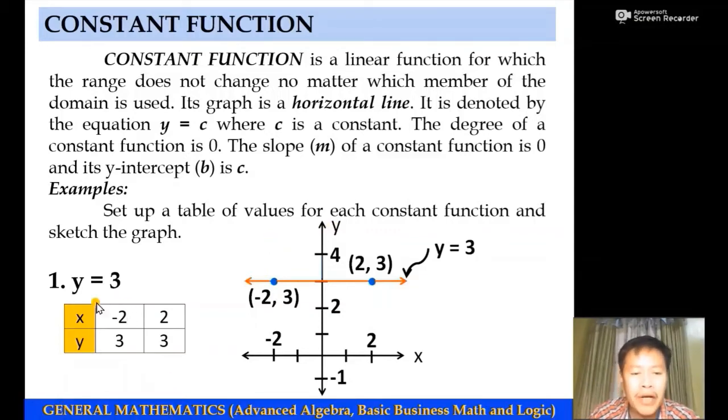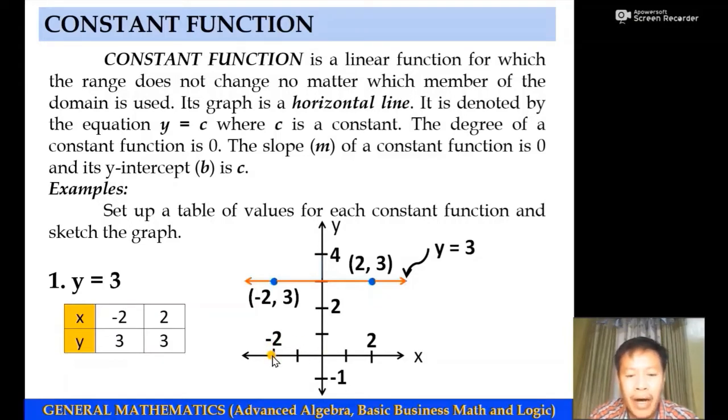Now, how are we going to plot this point? From the origin, you are going to consider first the value of x. Our x is negative. From the origin, you are going to move to the left if our x is negative. Take note, always consider first the value of x before going to the value of y. Since our x is negative 2, this is negative 1, negative 2.